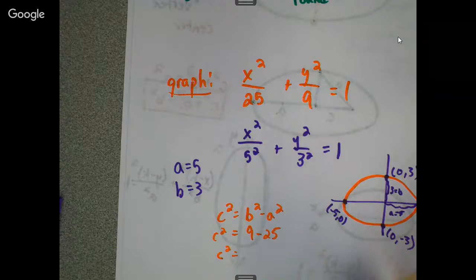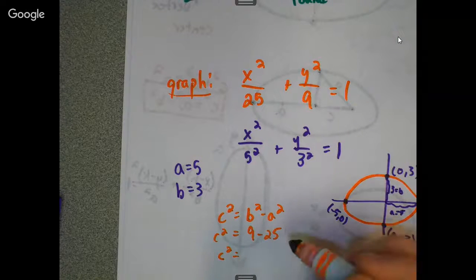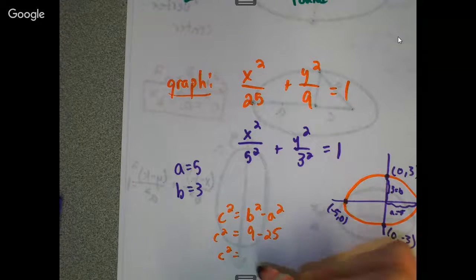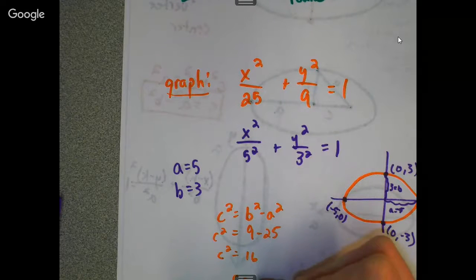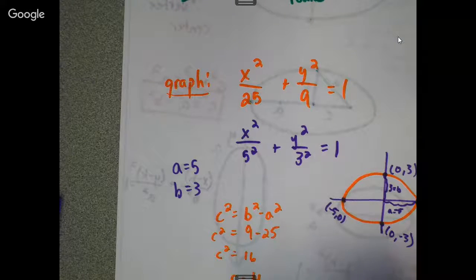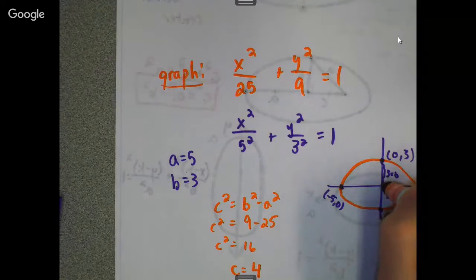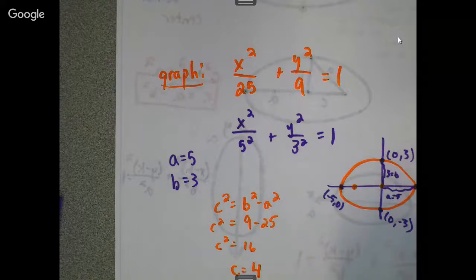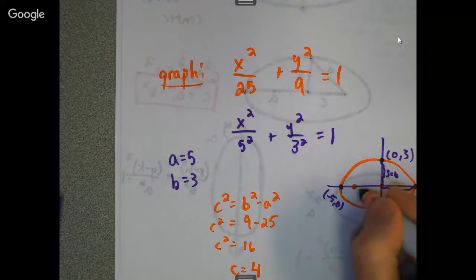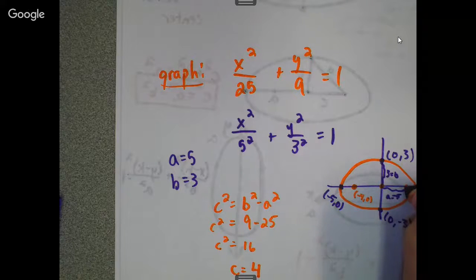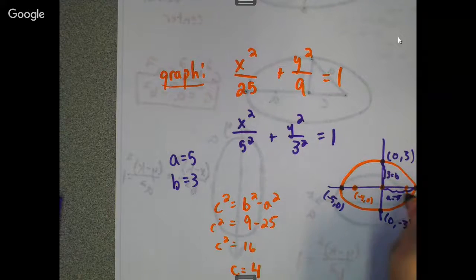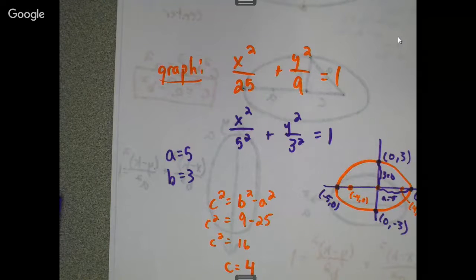So 25 minus 9, 16. So C is 4. Okay, so the distance from the center to your foci is 4. So this focus is at negative 4, 0. And this one over here is at 4, 0. So I want to see those on your graph when you're graphing them.